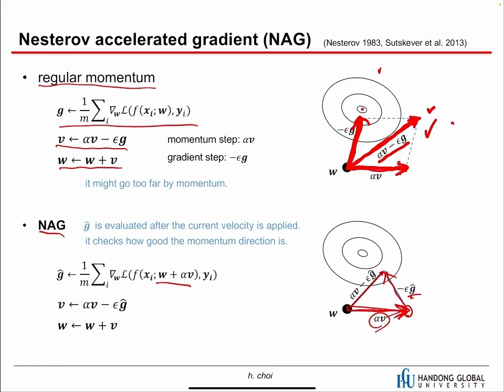Compared to this momentum, this one is better. So in theory, it looks better, and the computational cost is not more expensive than this one. So NAG looks better.